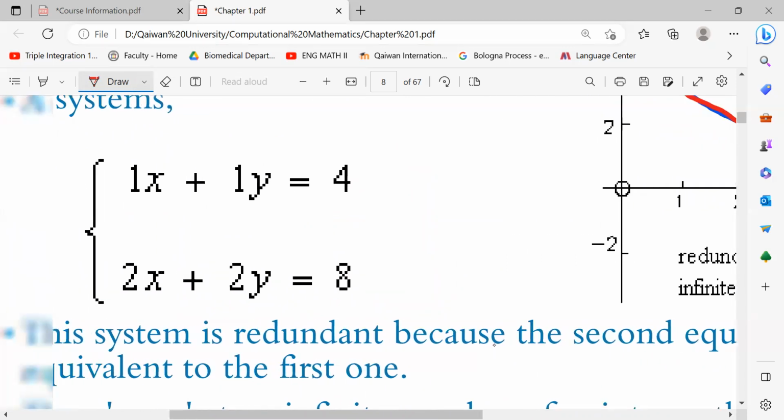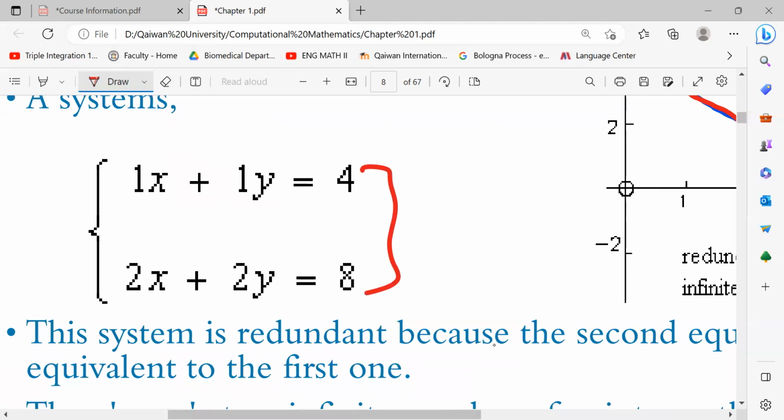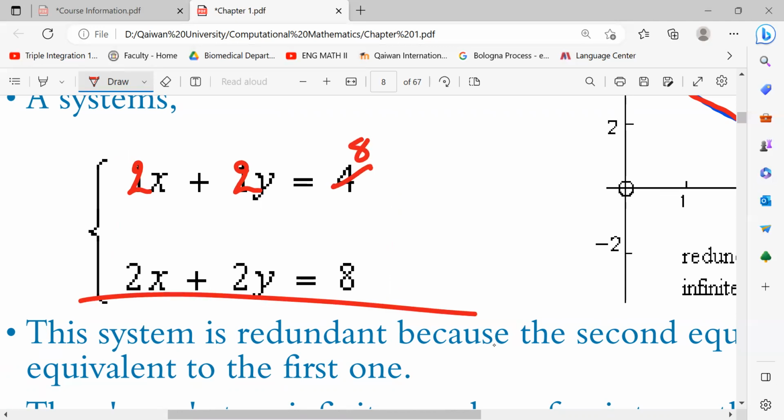In other words, if we multiply the first one by 2 and subtract the second from the first, we get 0 equals 0. In this case, if we get 0 on both sides after subtracting one from the other, we say it has infinite solutions.